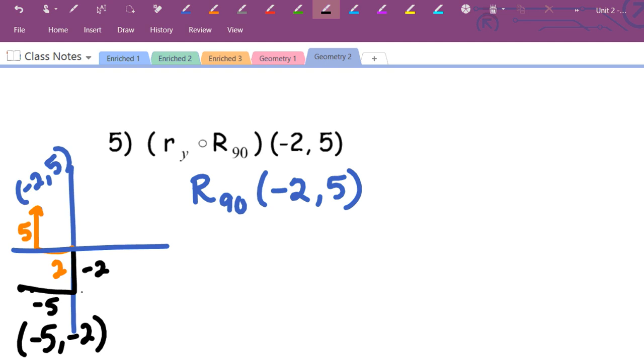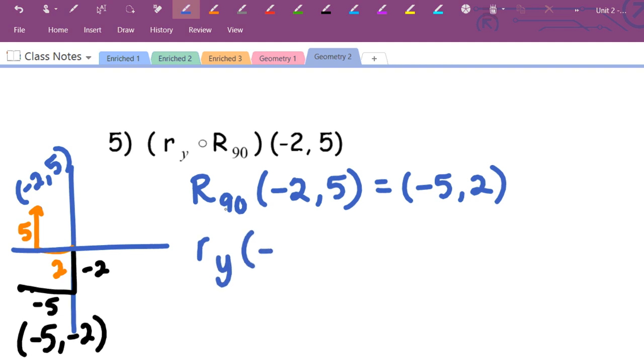And notice, at no point in this did I have to go through and memorize any formulas. We just go through and you start drawing. This comes out to be the point, let's put it at -5, 2. And then to that point, I need to reflect over the y of -5, 2. So what do I get if I do that, M?